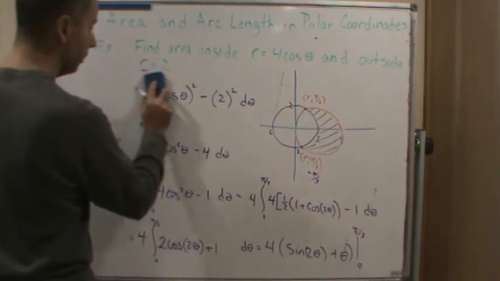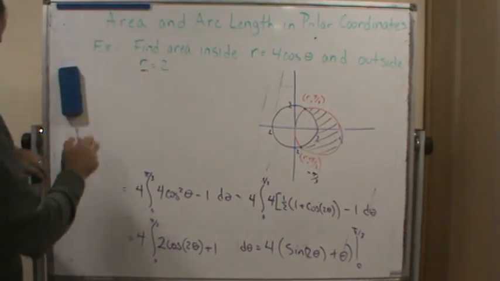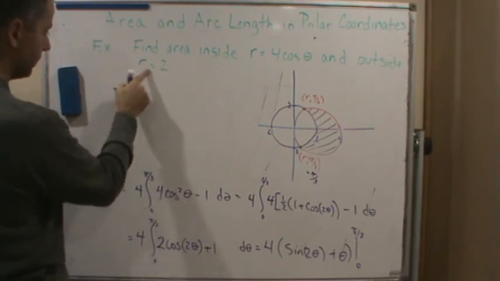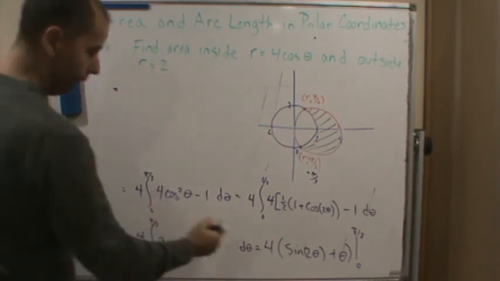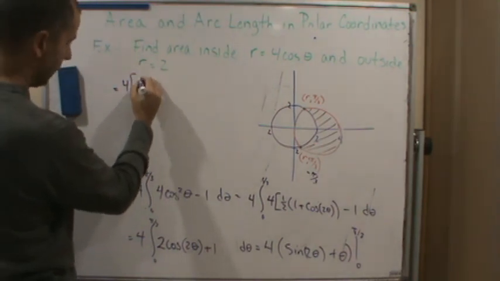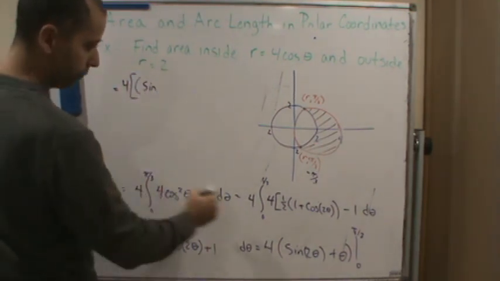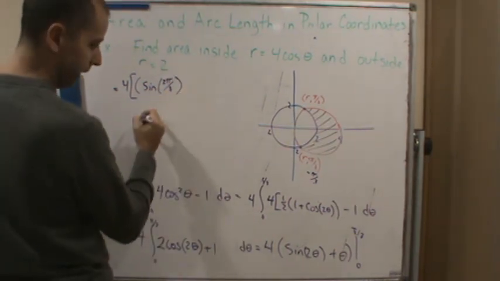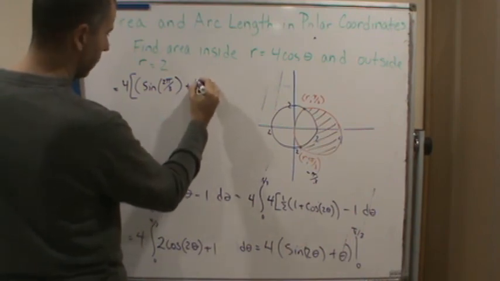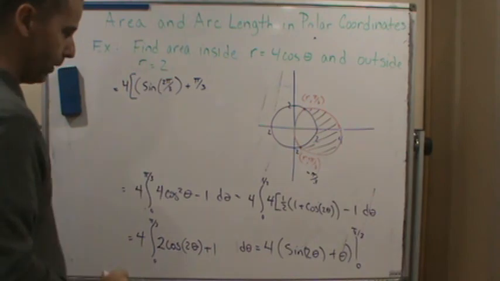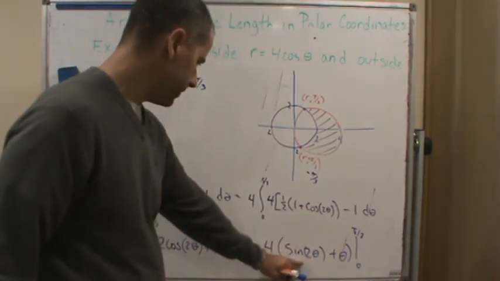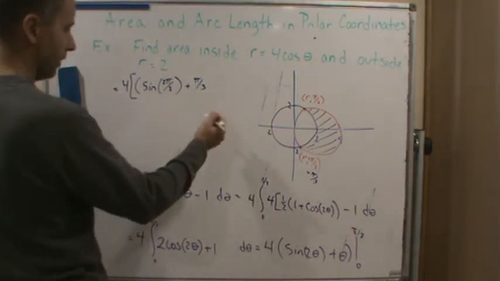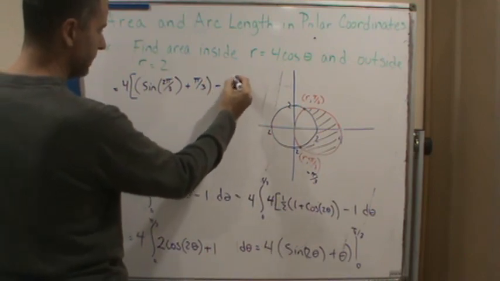And so now, what happens? I get 4 times sine of 2 pi over 3 plus pi over 3. Now at 0, this is 0 and this is 0, so this is just this minus 0.